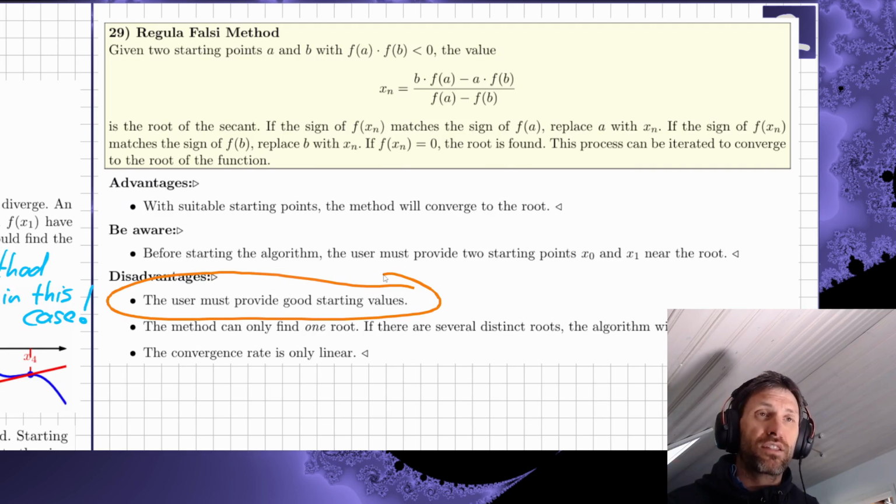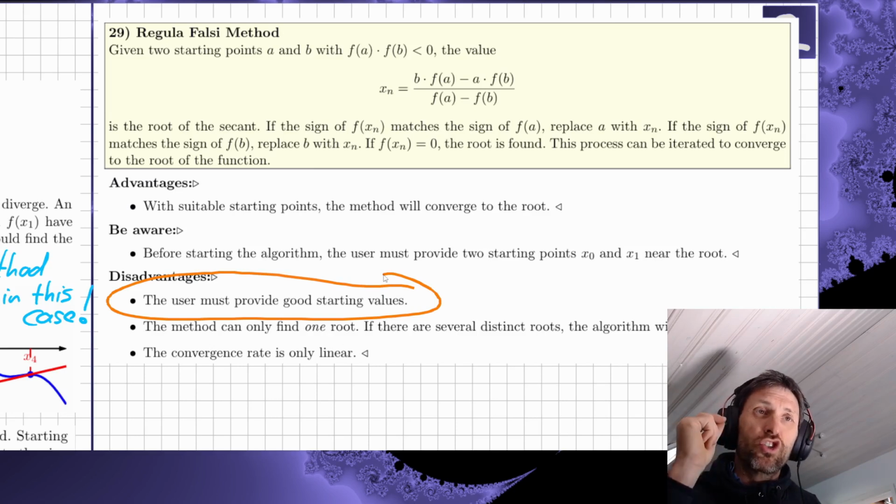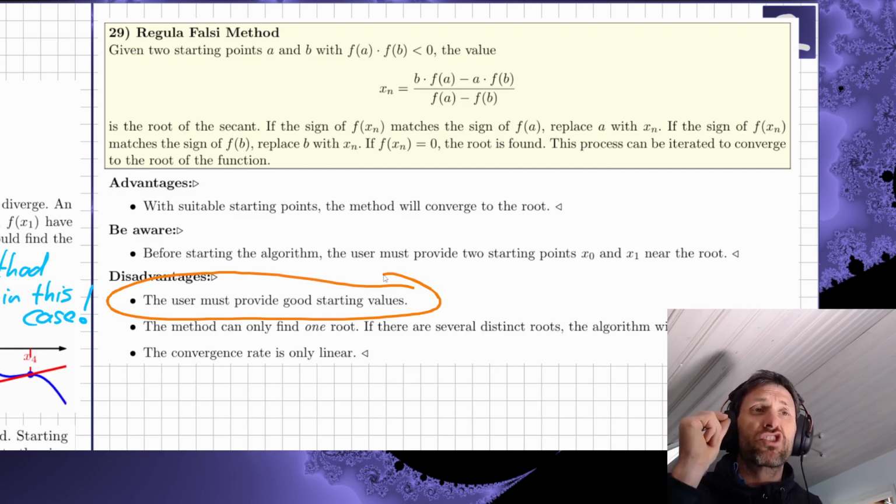And the truth is that this is the last algorithm we will talk about. So none of the algorithms we discussed can overcome this point. This is a disadvantage, and the truth is it can't be overcome as long as we have some arbitrary function the user has to provide. Numerics is not able to find by itself appropriate starting points, and this is a big disadvantage. So don't forget that.